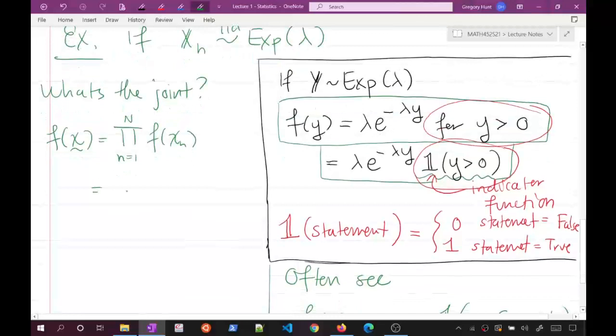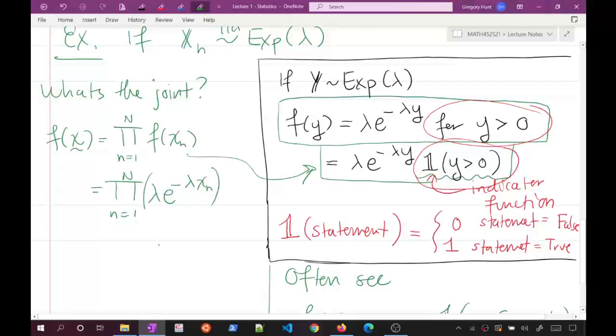And each of these x sub n's has a marginal distribution. That is, or maybe we should say it's the second line here, which is this one. It is the product of lambda e to the negative lambda, and now instead of y, it's x sub n. So it's the product of those things.